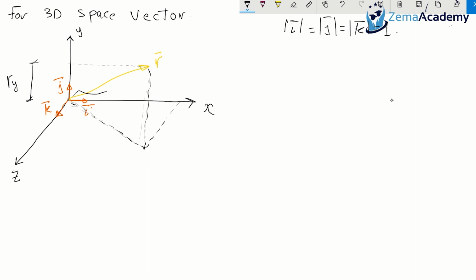So that length here we will call Rx, and then the projection of OA into Z we call Rz.